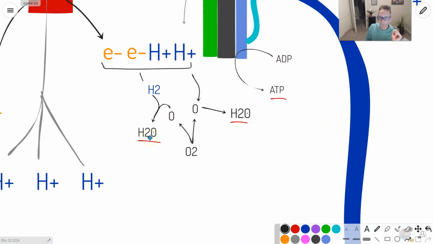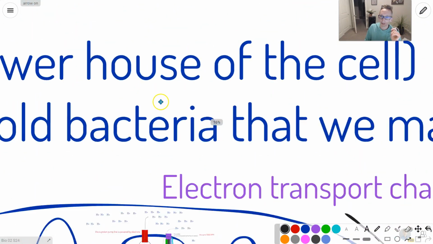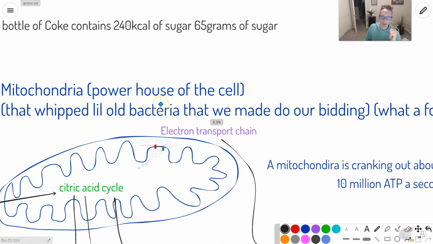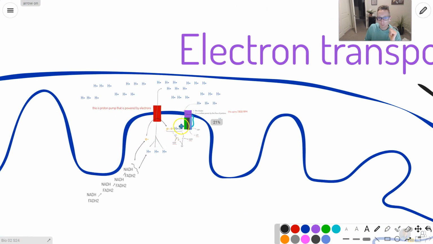Boom. We need to be able to accept these electrons here. Pretty nifty stuff, if you ask me. That's why we need to breathe oxygen. We need to absorb those electrons, turn that whole thing into water. That also keeps the proton gradient low here, because we want the proton gradient high here.